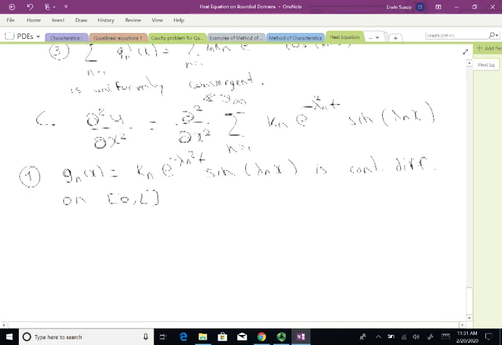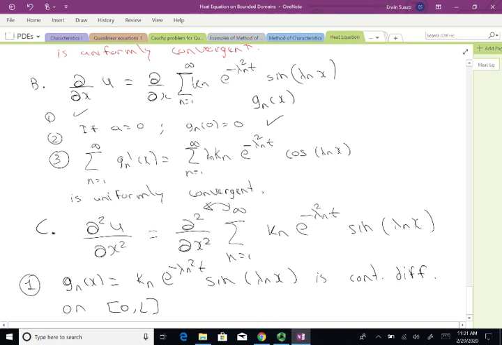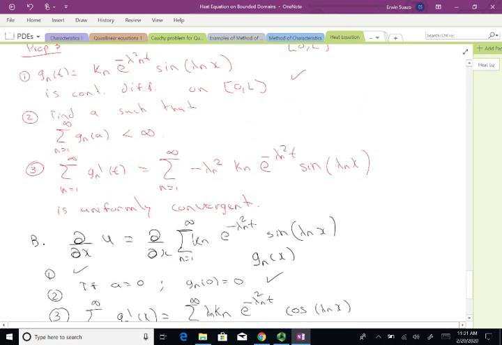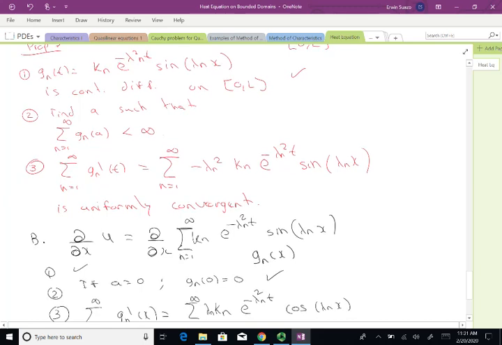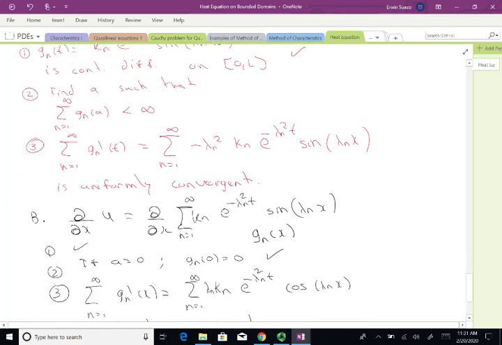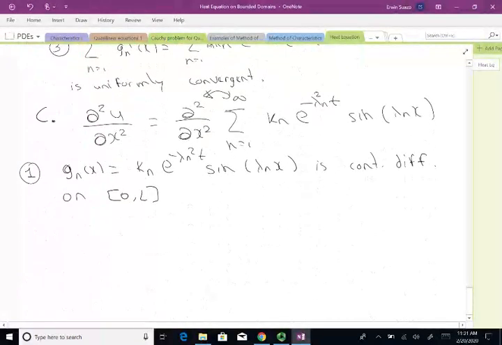So for the next one, this is true, right? We have to find a such that g_n of a is less than infinity. So notice that in my case, g_n of a, okay, so g_n of a is 0 again.